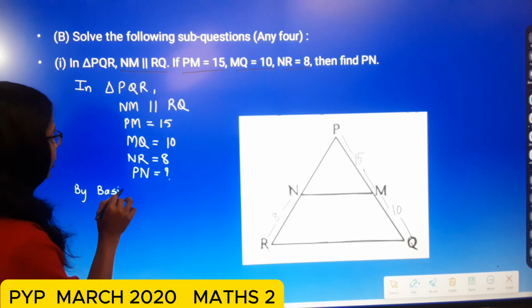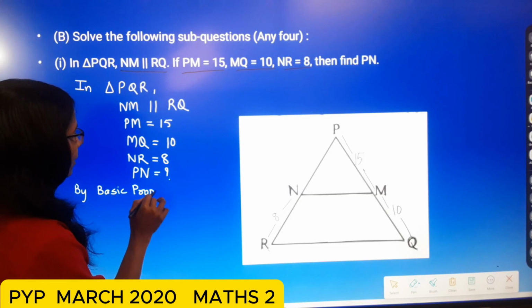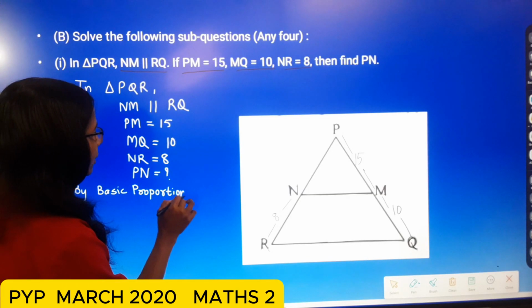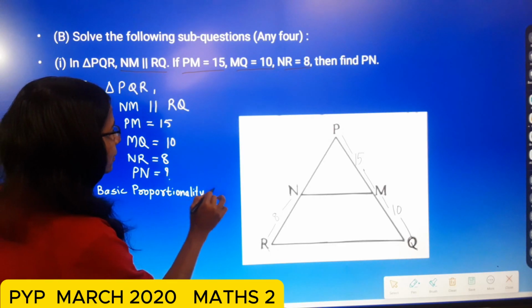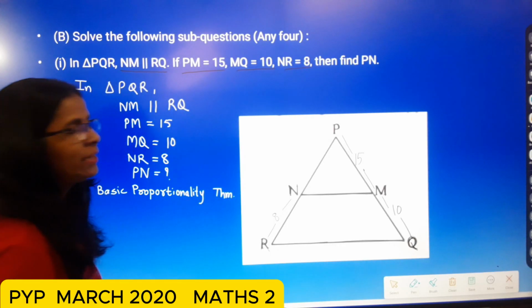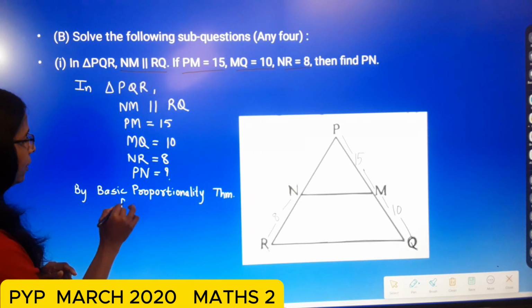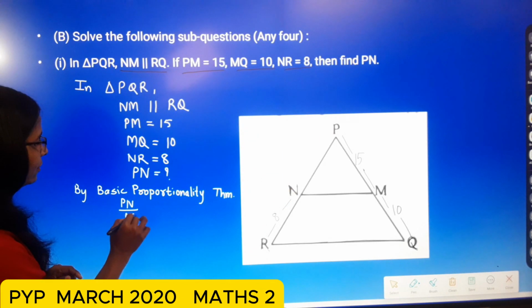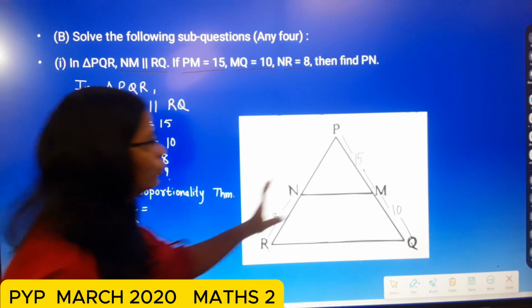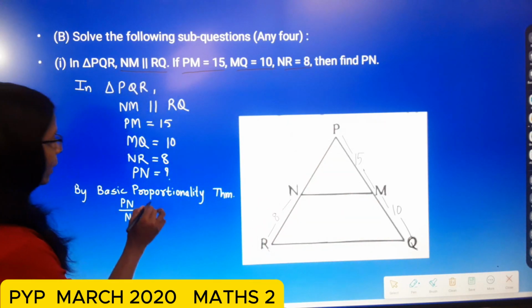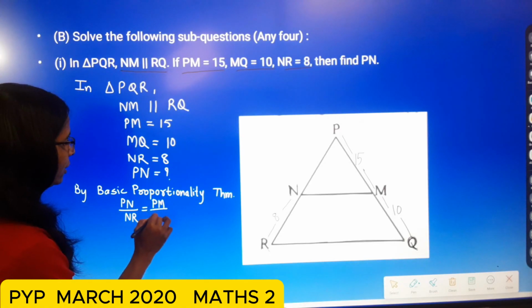By the basic proportionality theorem. What is the basic proportionality theorem? PN upon NR is equal to PM upon MQ.